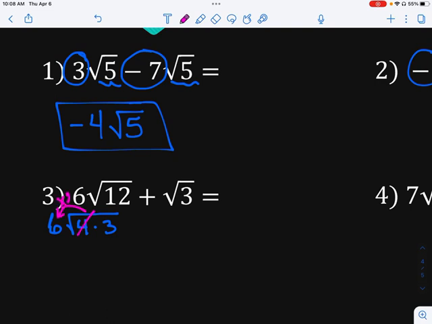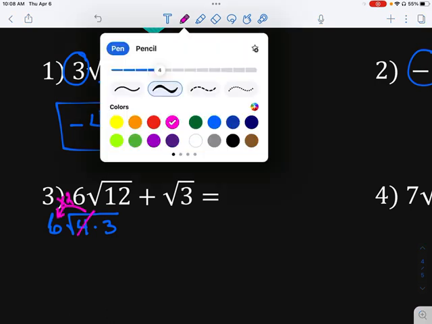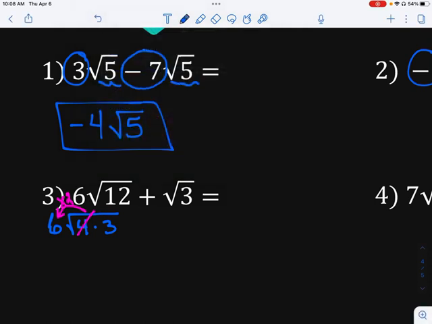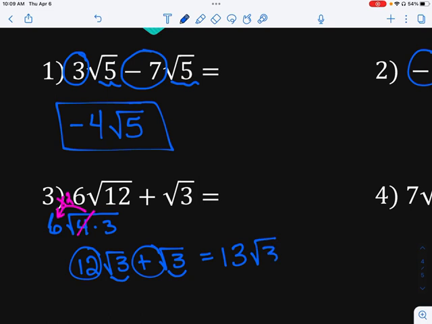So I'm going to take that 2 and times it. So this is now going to turn into 12 square root of 3 plus square root of 3. Well, now if you notice, my radicals are the same. So I'm going to take the 12, add it to 1, and that gives me 13 square root of 3.